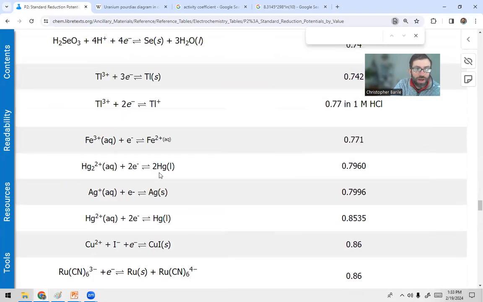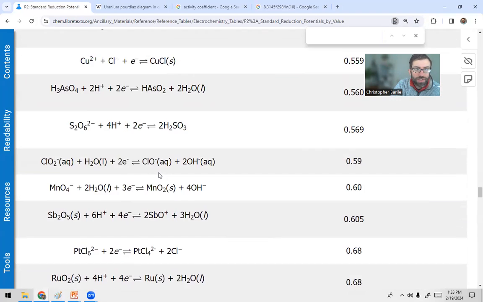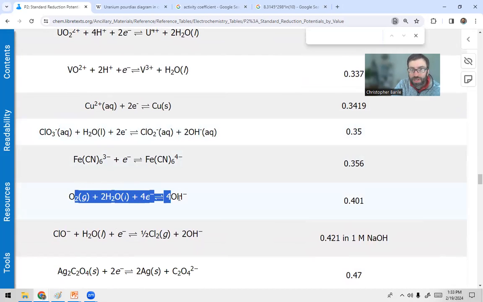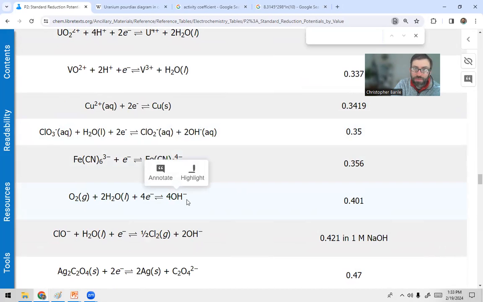And you can see on this table, actually, they list another special case where they write this same reaction, but now under basic conditions. And it has a different voltage, 0.4 volts. All they did is they got this expression by adding hydroxide to both sides of the equation. And now you have 1 mole of hydroxide. Well, 1 mole of hydroxide, that's a pOH of 0.